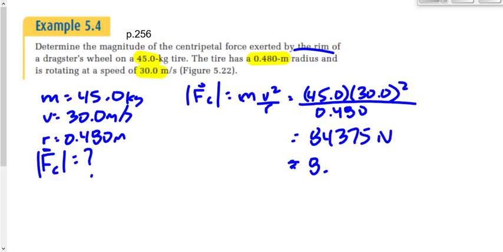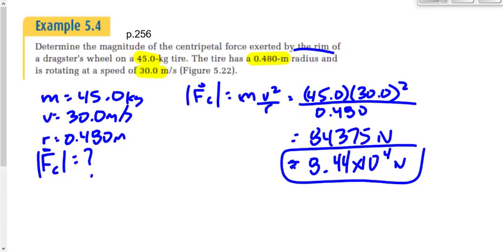Haley, we want 3 digits, so it's going to be 8 point what? It's actually going to be 8.44 because the digit right after there is a 7, right? So we're going to round that up, 8.44 times 10 to the 4 newtons, because we moved that decimal place over 4 places, right? 1, 2, 3, 4.